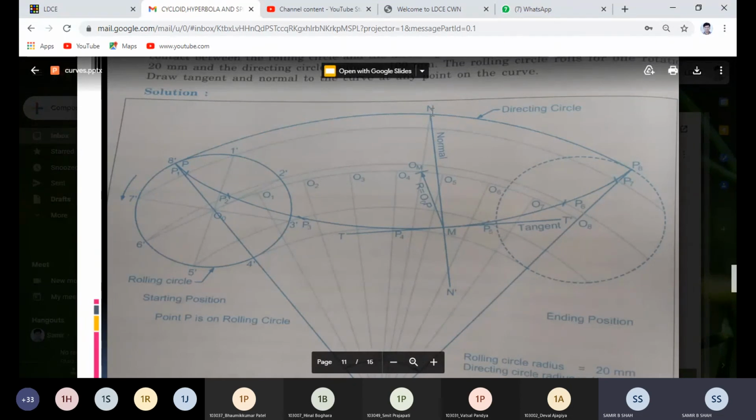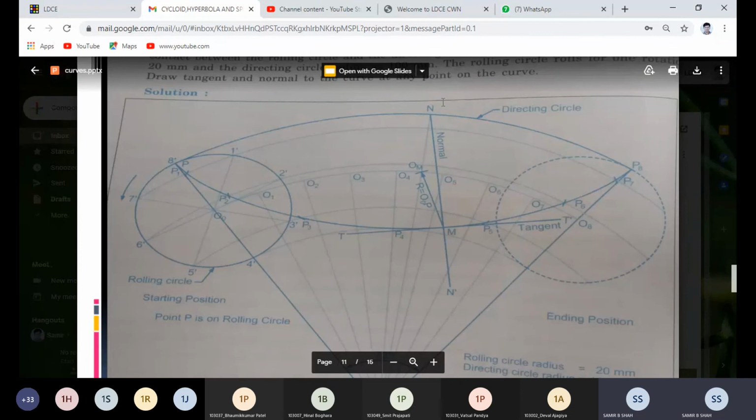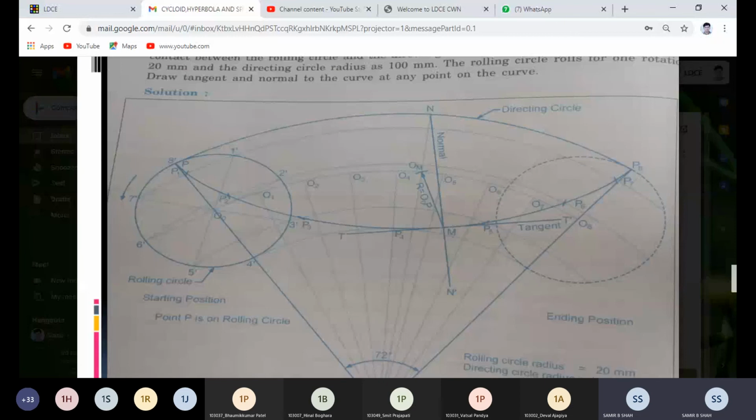Okay. Now join M with N and extend it up to N dash. Okay. So this is your normal, and after getting the normal, take a perpendicular, so you are getting the tangent. I repeat once again, normal and tangent. Here take one random point.